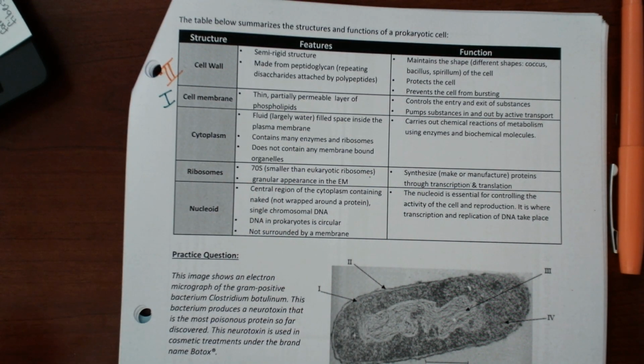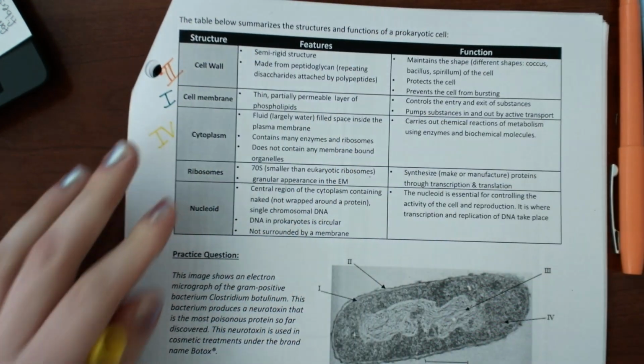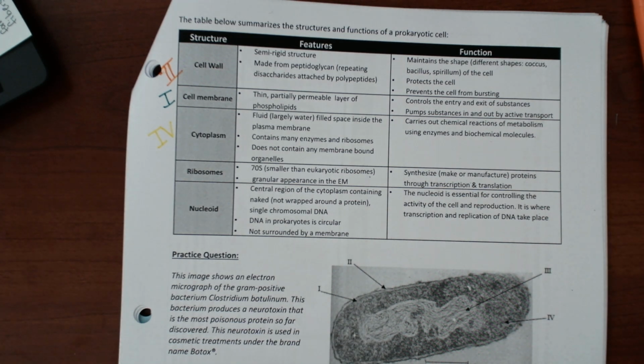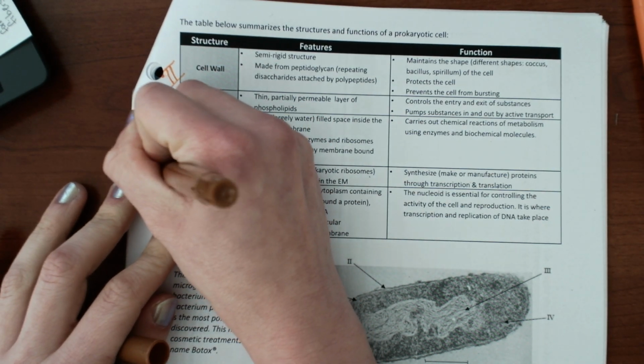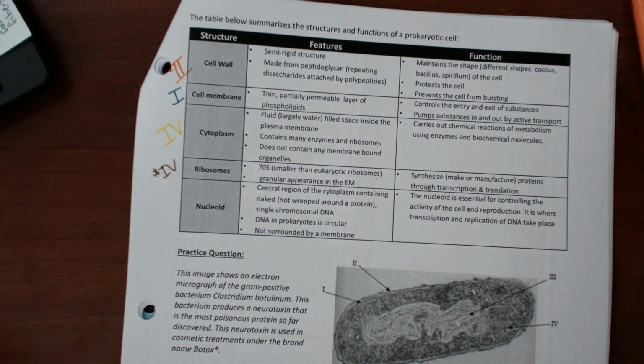Your cytoplasm, arguably you could argue maybe it's pointing to a ribosome, but it's too small to really be able to tell. Maybe, if you really want to be petty and annoying.